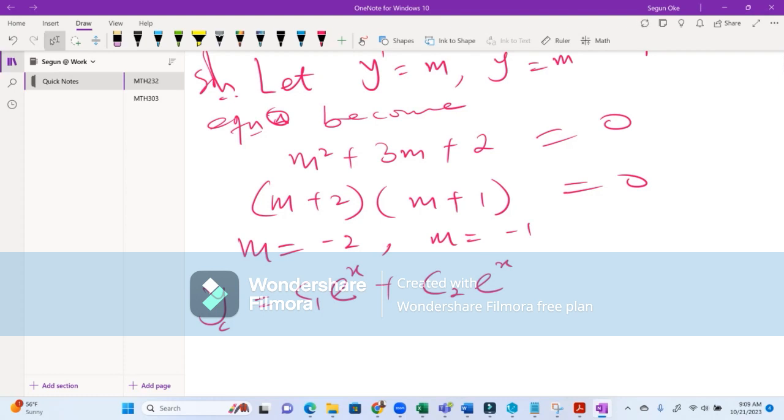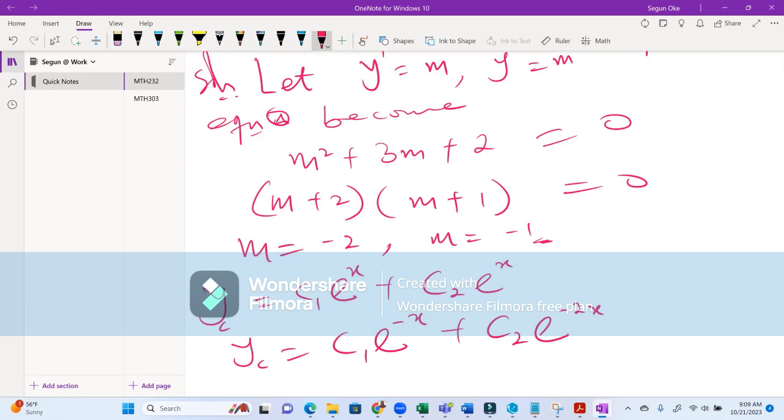We know the m now. M in terms of x is still the same, but we can substitute it now by saying our y complement will be C1 exponential of minus x, when m equals minus 1, plus C2 exponential minus 2x.